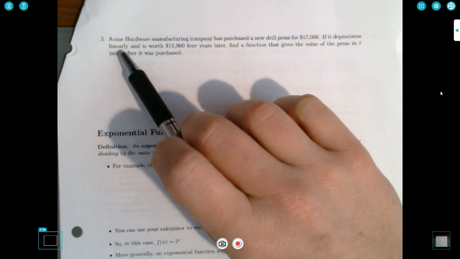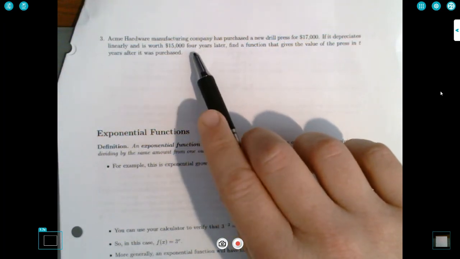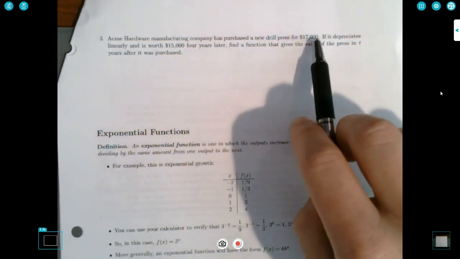So this time we're not really given a chart or anything, but what we are told is that it depreciates linearly, right? So it's a linear function. We also know that after 4 years, it has decreased in value from 17,000 to 15,000.